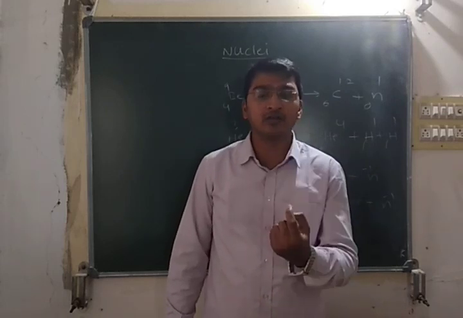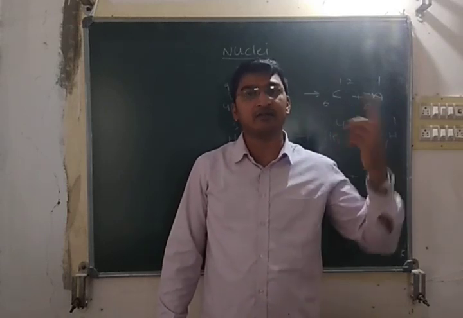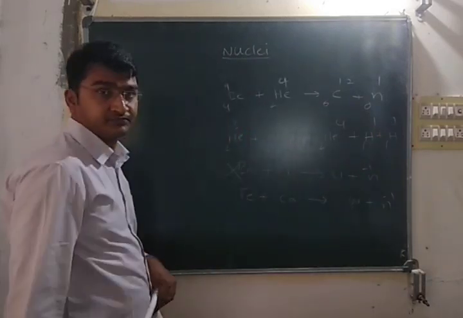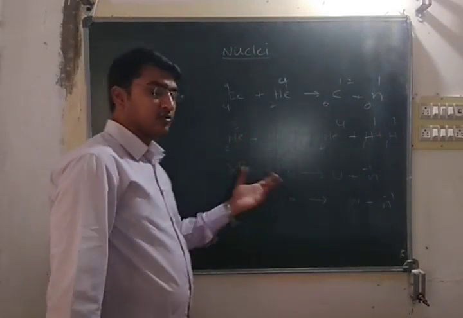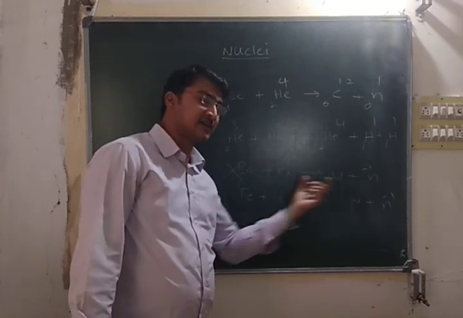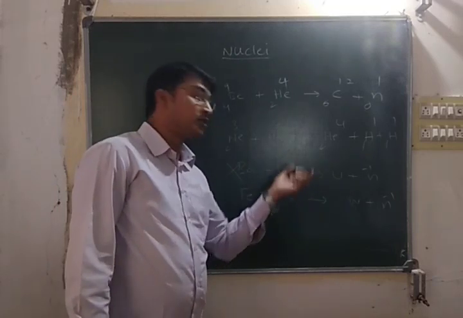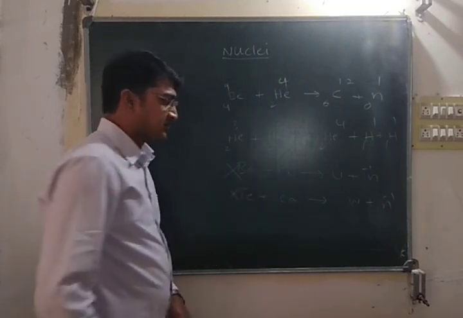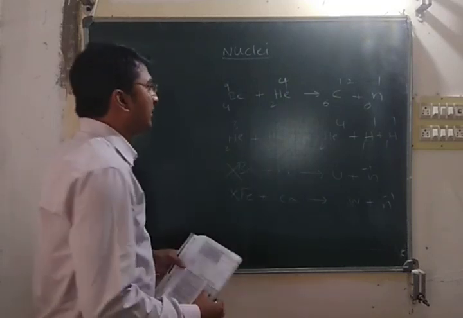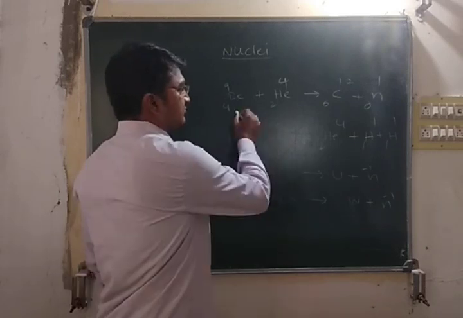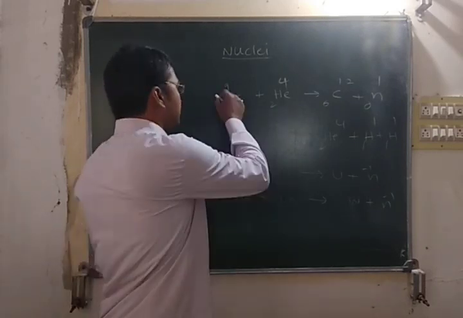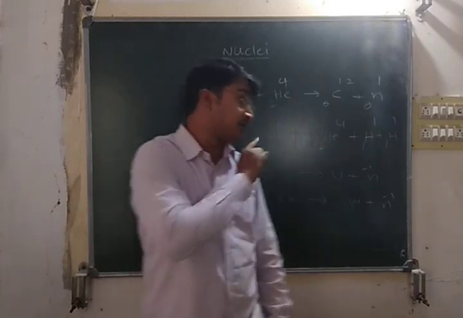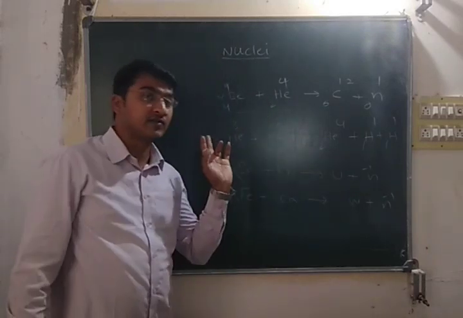That is, light nuclei combine and form heavy nuclei with some energy. This is not possible, as these are not light nuclei. This reaction we see on uranium, so it is nuclear fission. Ferrous and calcium is also not it. Only this we will see in the carbon, nitrogen, proton cycle especially.